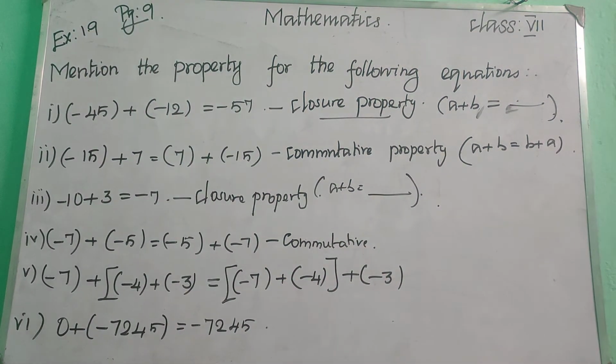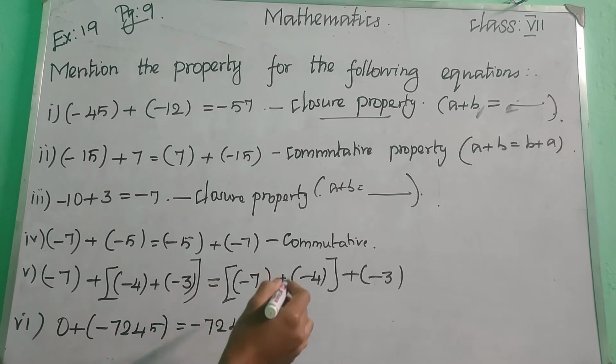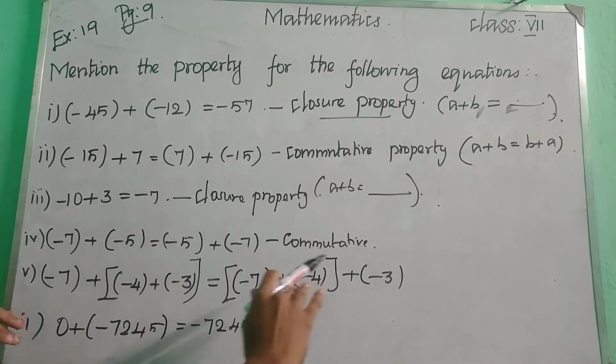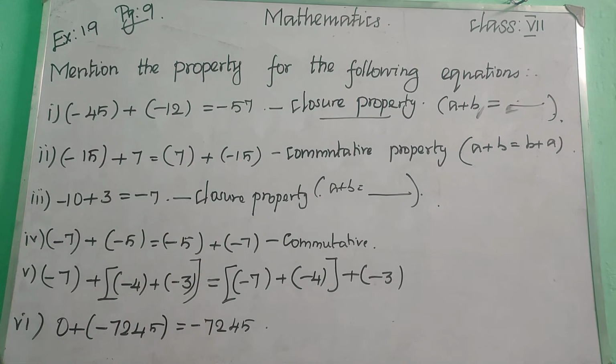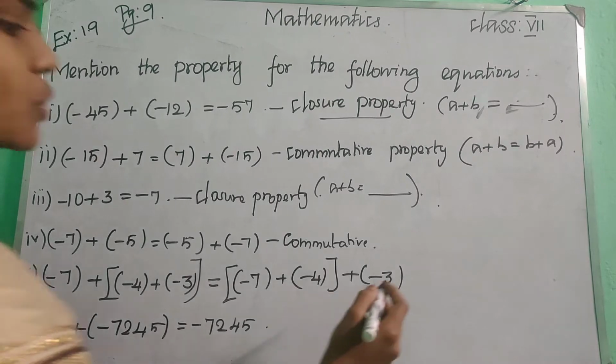And then the fifth one, minus 7 plus minus 4 plus minus 3 equal to minus 7 plus minus 4 plus minus 3. We have the same integers on left and right, but only the brackets differ. So we can say it is an associative property.